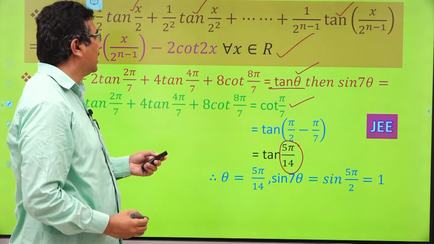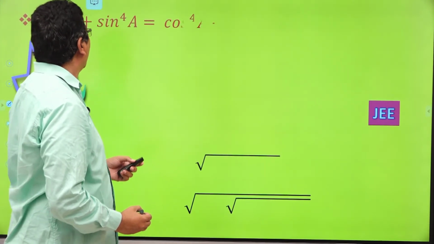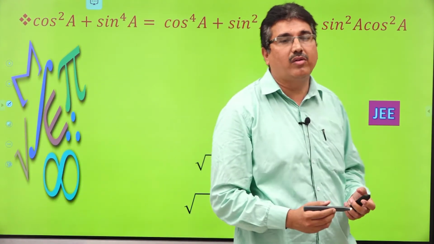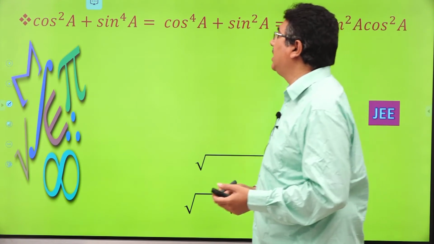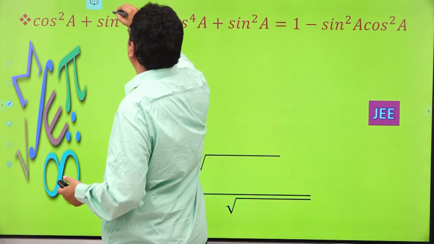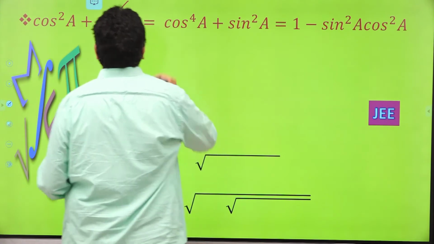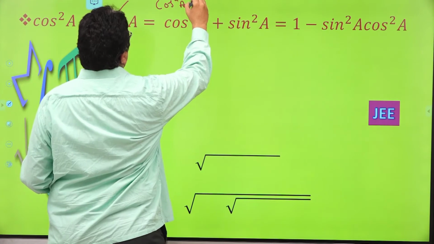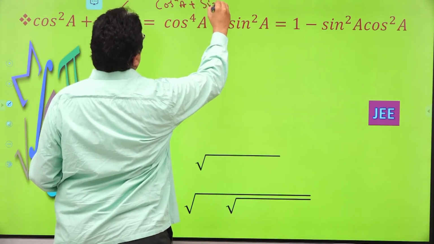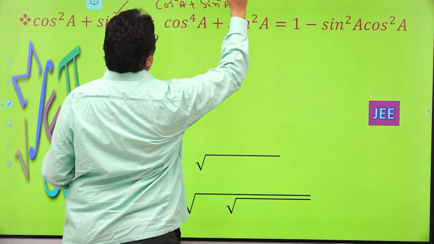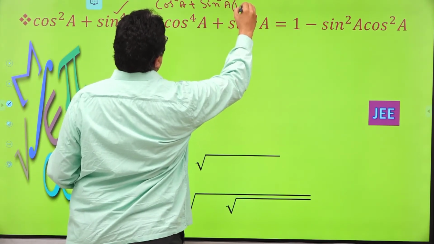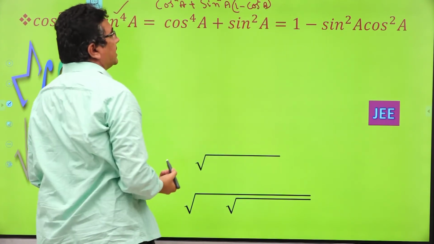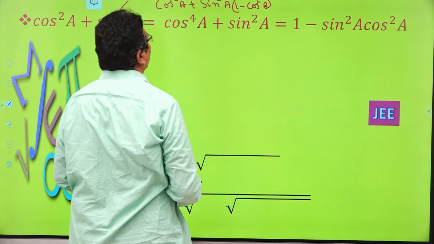Okay. Now, what is the value of cos square A plus sin power 4A? Right? Cos square A plus sin power 4A. Sin power 4A is sin square A into sin square A. Sin square A is equal to 1 minus cos square A. Right.